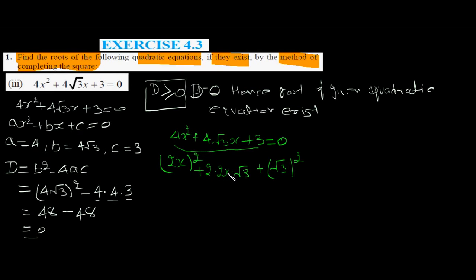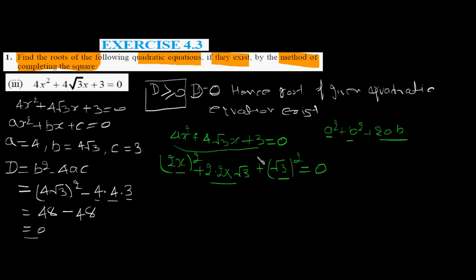This comes out to be 4 root 3x, because 2 into 2 is 4, root 3 into x. If we compare with the standard formula, this is a square plus b square plus 2ab. Here a is 2x, b is root 3, and 2ab is this middle term. Of course this is equal to 0.